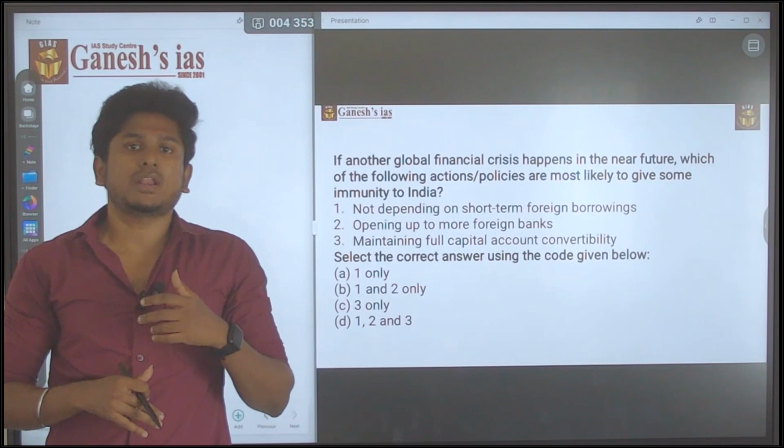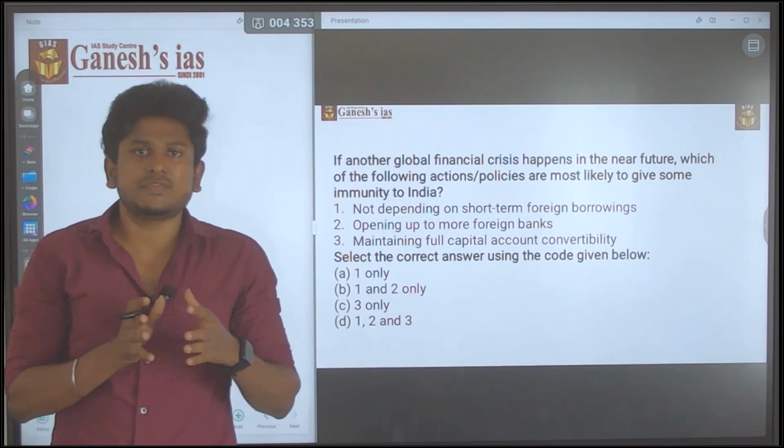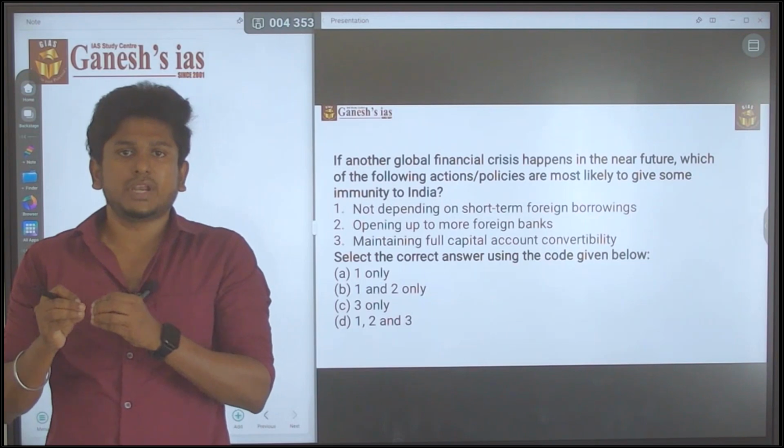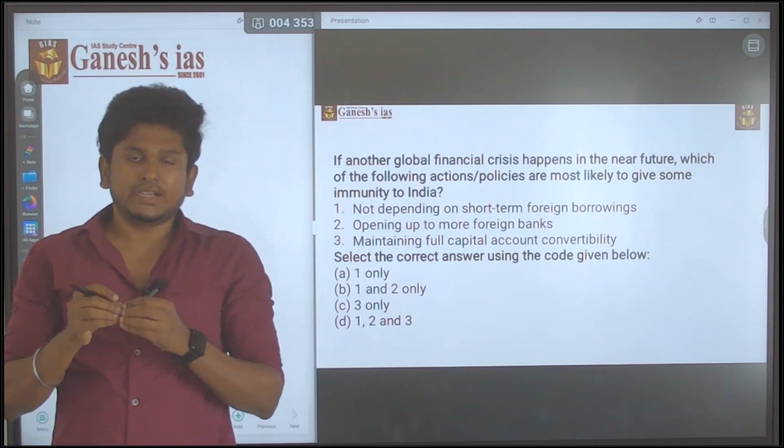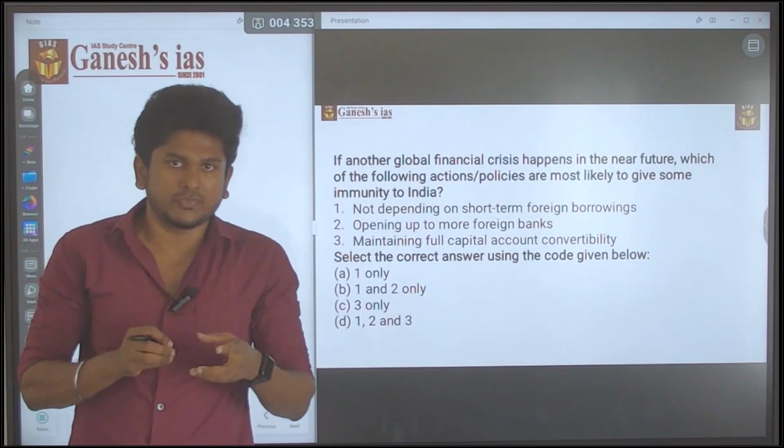That is called capital account convertibility. It is an easy way of getting the invested money back, taking the invested money away from the market.